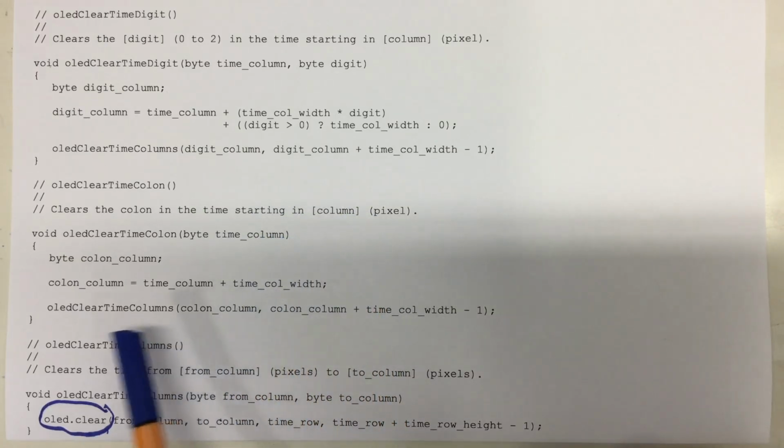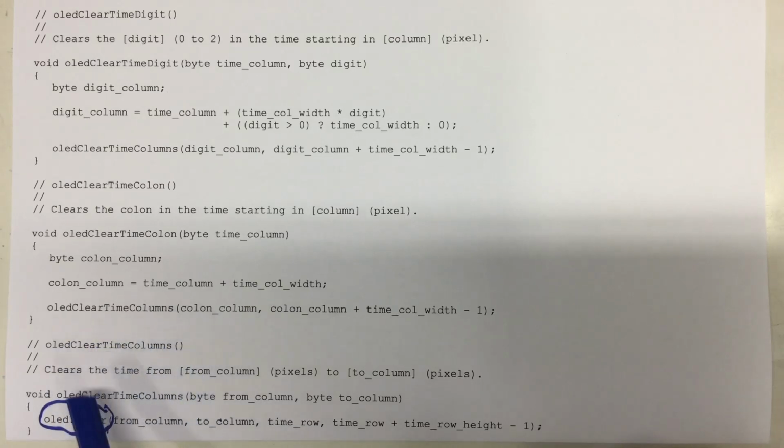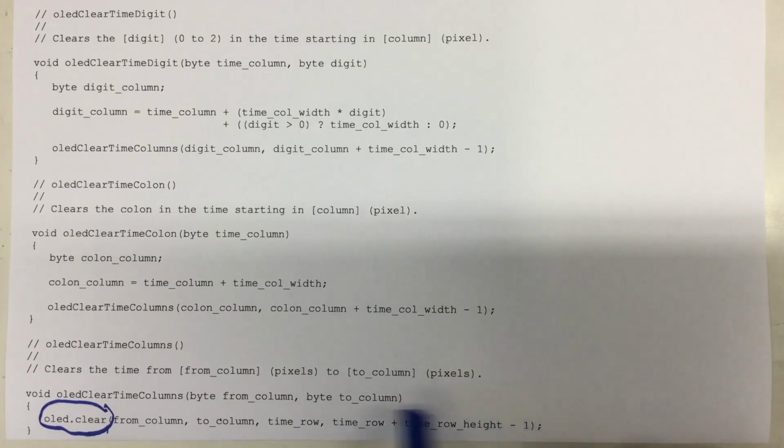And then finally I have that OLED clear time columns, which, from the two columns, adds the calculations for from-to row, and finally calls the original OLED clear method.